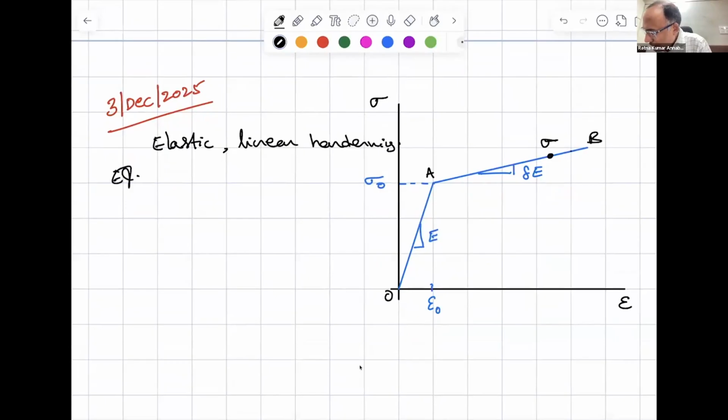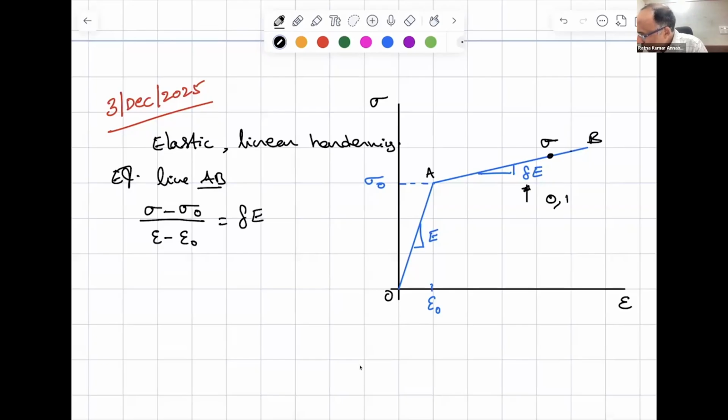So the equation of line AB can be written as sigma minus sigma naught divided by epsilon minus epsilon naught is equal to delta times E. This delta is some constant between 0 and 1. If it is 0, then this slant line will be elastic perfectly plastic.